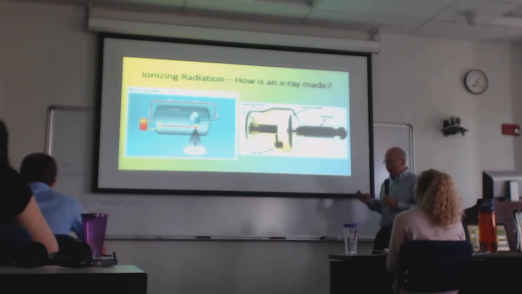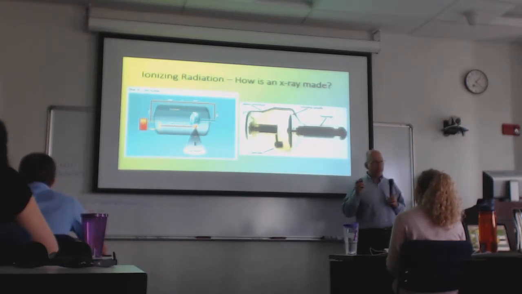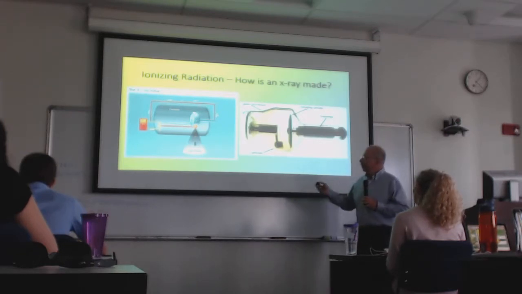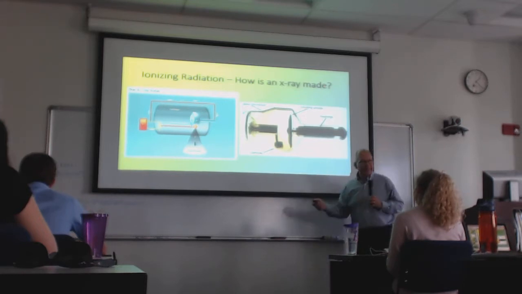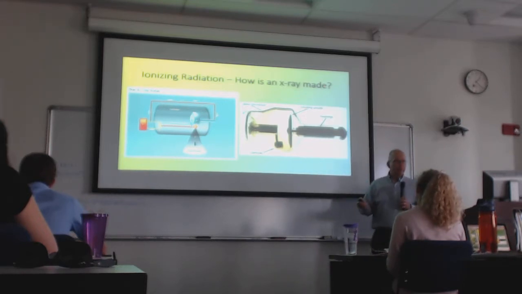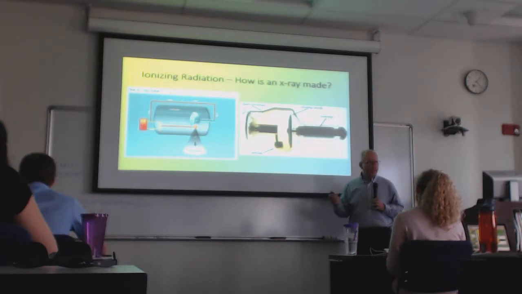So what every X-ray machine has is a tube. And this is a schematic of the tube. This is a real tube. When I was a resident, we were replacing one of the fluoro units in my hospital. And I went to my chief and I said, "I want the tube. What can I do to get the tube?"